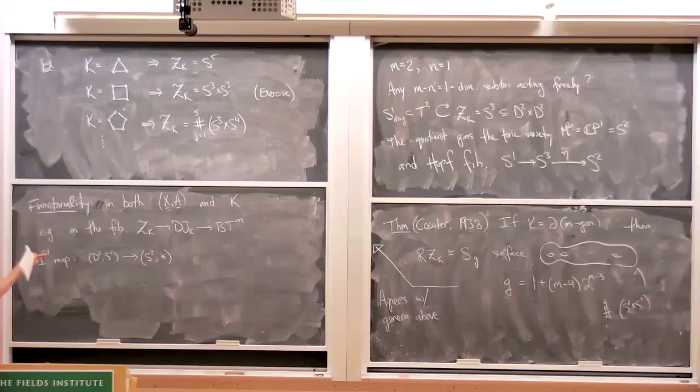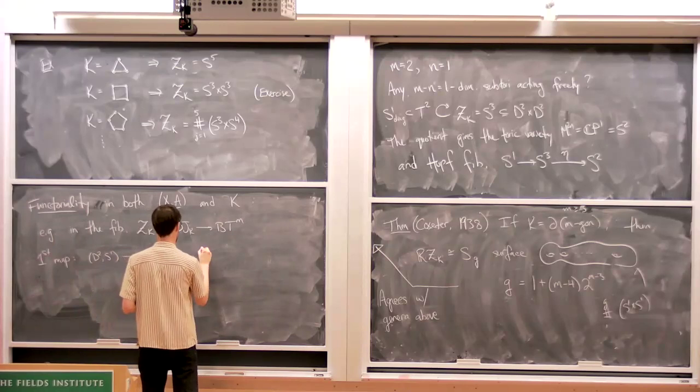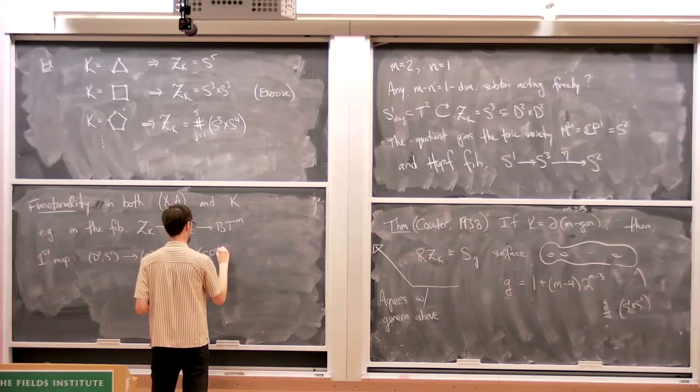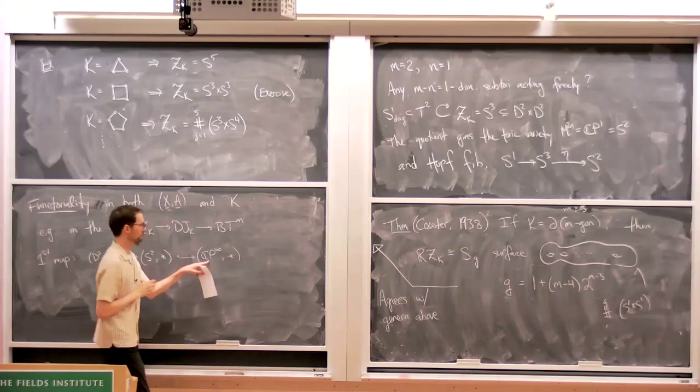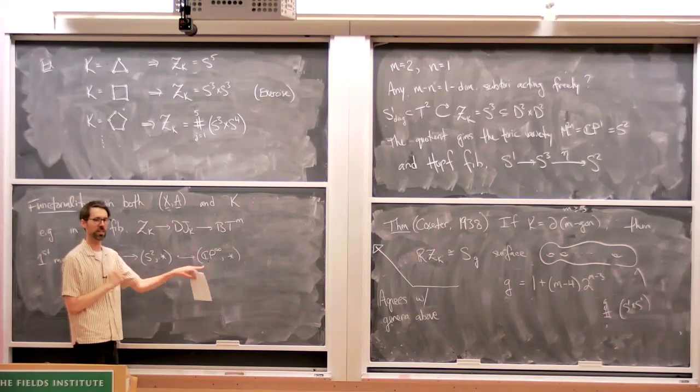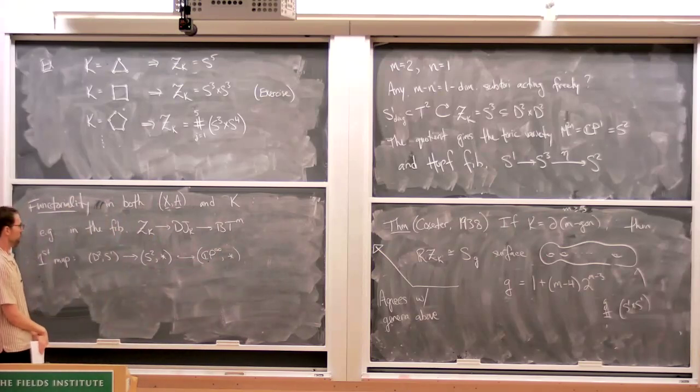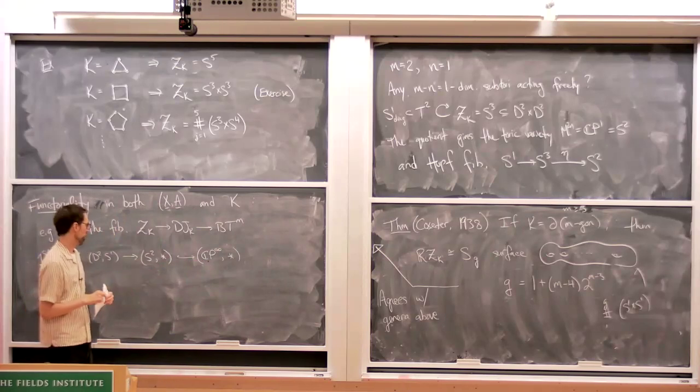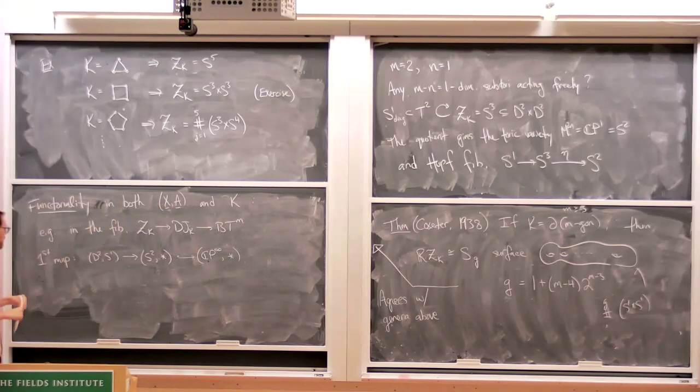And then we could include S^2 as the bottom cell of CP^infinity. As a CW complex, CP^infinity has a single cell in every even dimension. So this is just including the bottom cell, or if you prefer, think of S^2 as CP^1, and this is just the inclusion of CP^1.